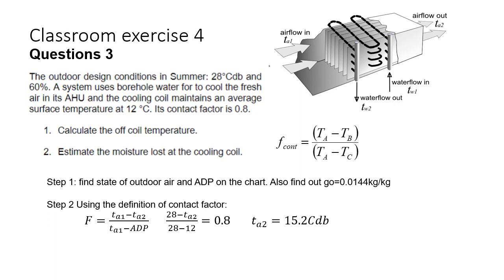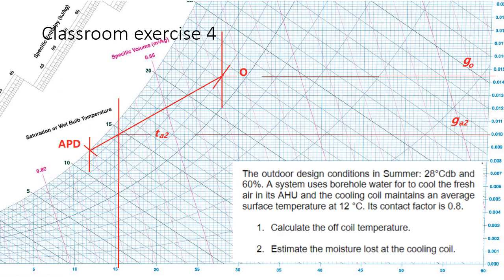Now, we plot this 28 saturation, we can find out the moisture content before the treatment, right? Now, it's 0.0144 kilogram vapor per kilogram dry air. How do we know that? Here, this is 28 temperature, and this is 60%.